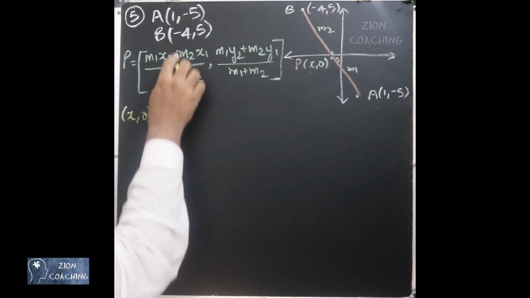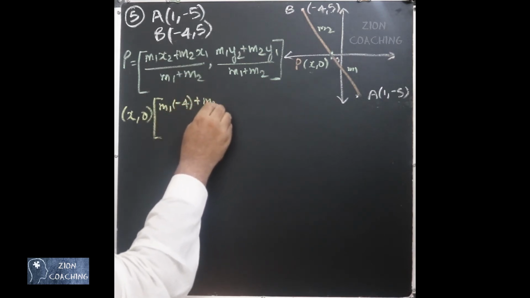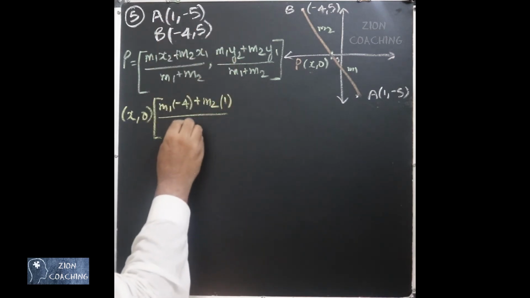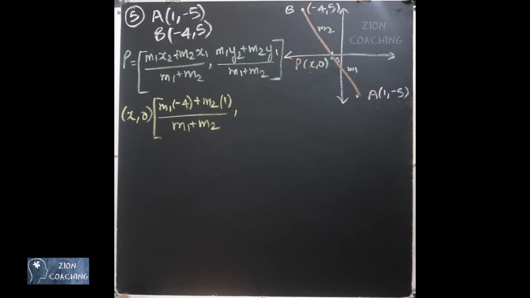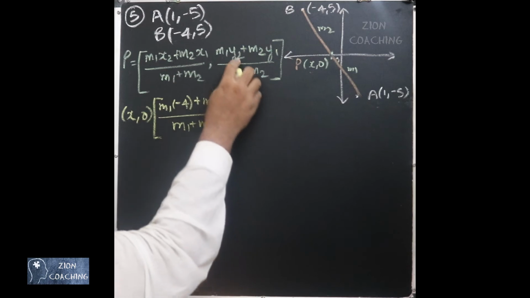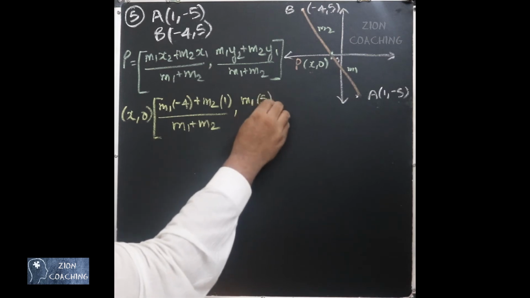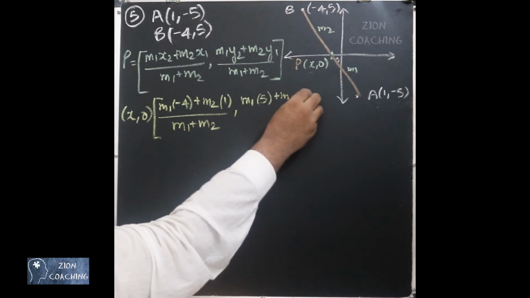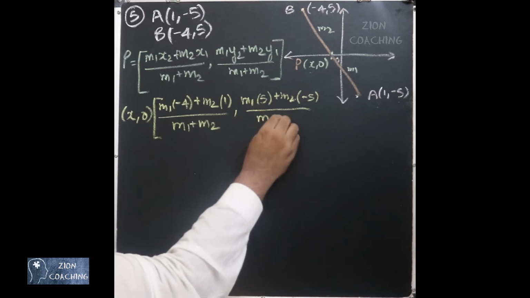m1 into x2, which is minus 4, plus m2 into x1, which is 1, divided by m1 plus m2 comma. Now for y, m1 into y2, which is 5, plus m2 into y1, which is minus 5, by m1 plus m2.